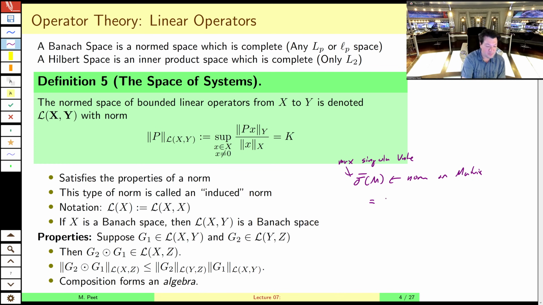The maximum singular value is, of course, the maximum singular value, but it also defines a property of the matrix, which is basically the maximum extension of that matrix. So if you look over all vectors, it's the maximum length of the output of that matrix divided by the size of the input of the matrix.